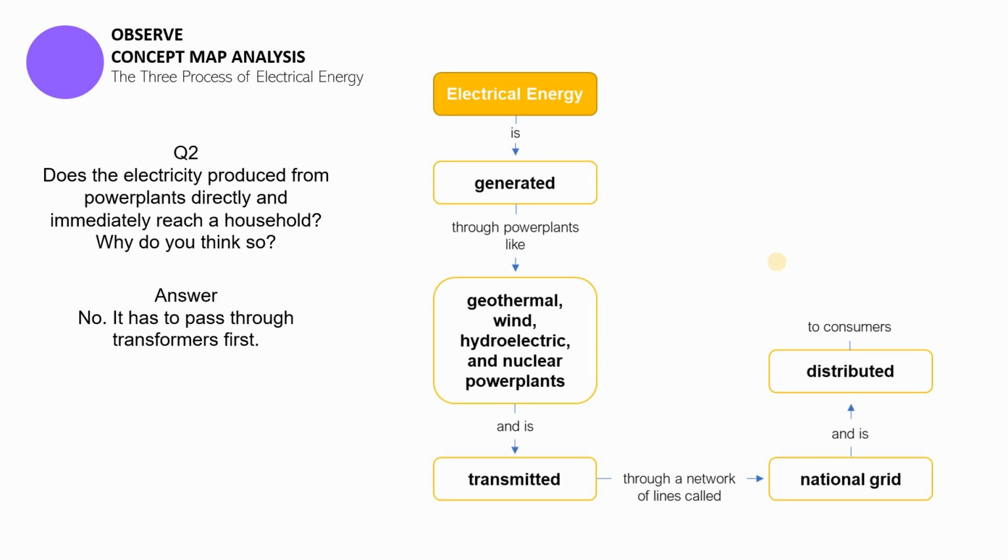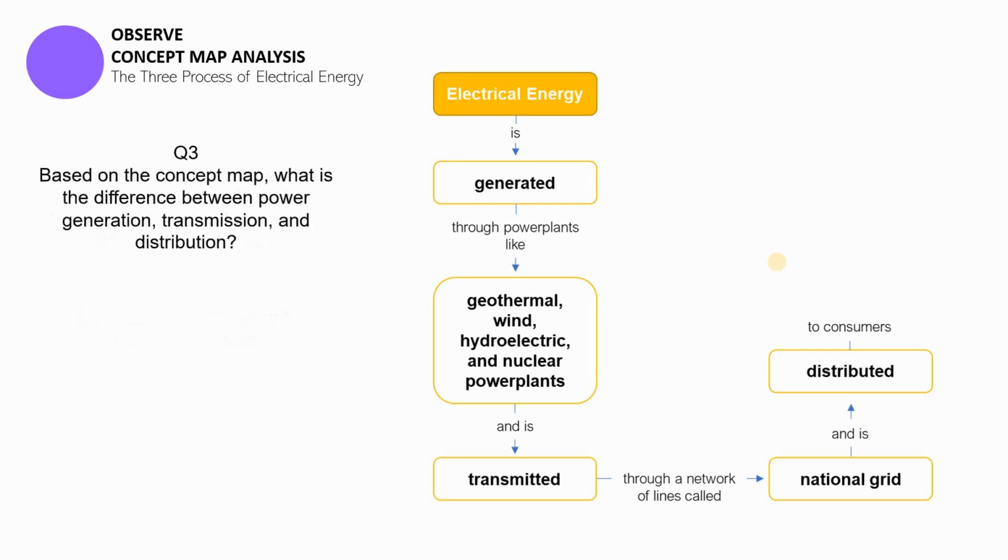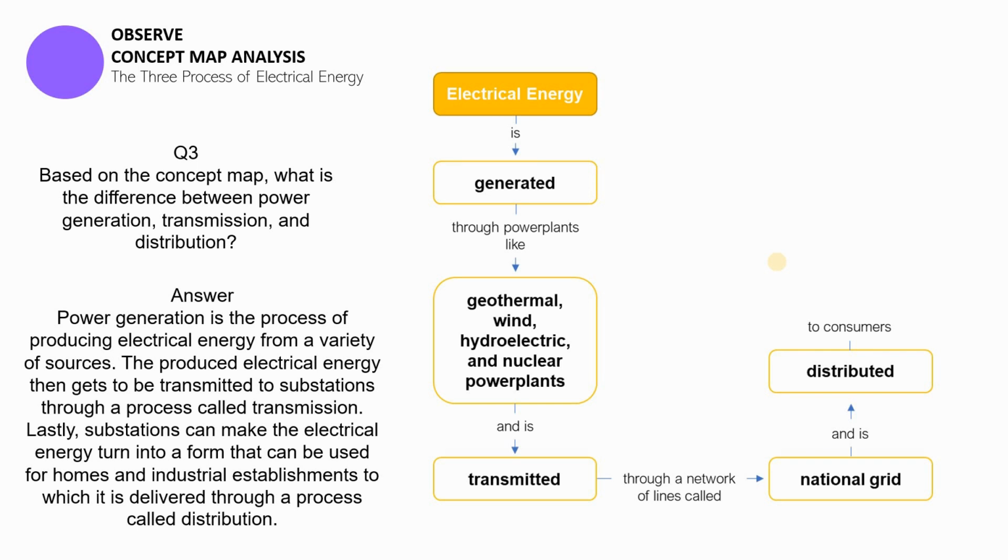Let us now proceed to the next and last question for this activity. Question number 3. Based on the concept map, what is the difference between power generation, transmission, and distribution? The correct answer is: power generation is the process of producing electrical energy from a variety of sources.